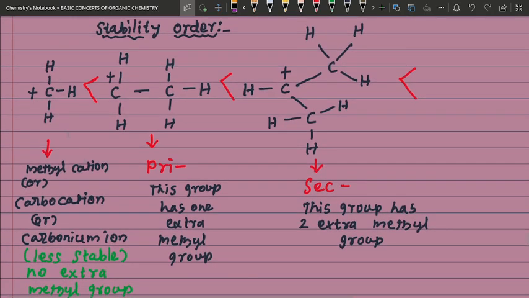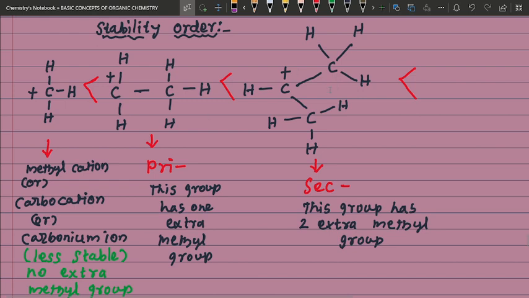this is the methyl cation, carbocation or carbonium ion, very less stable, with no extra methyl group. This methyl cation has no extra methyl group, but this is called primary. This group has one extra methyl group, so it is more stable than the methyl cation.